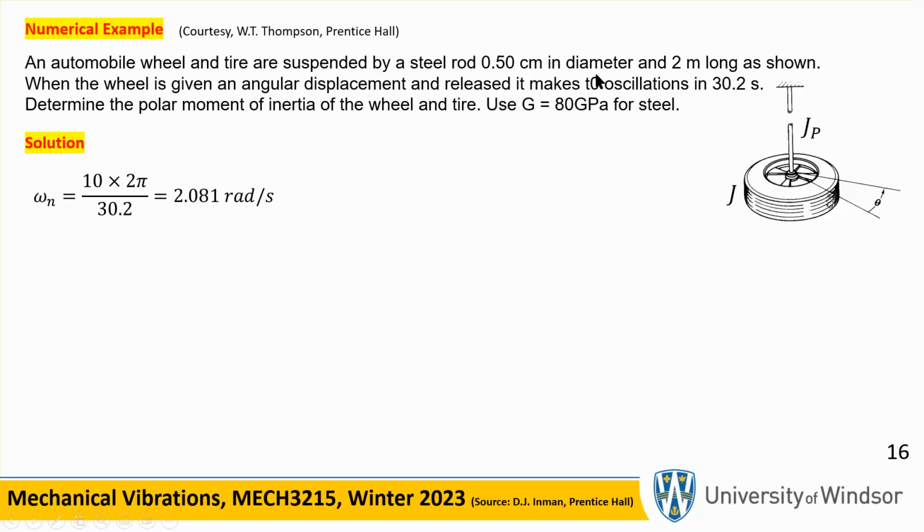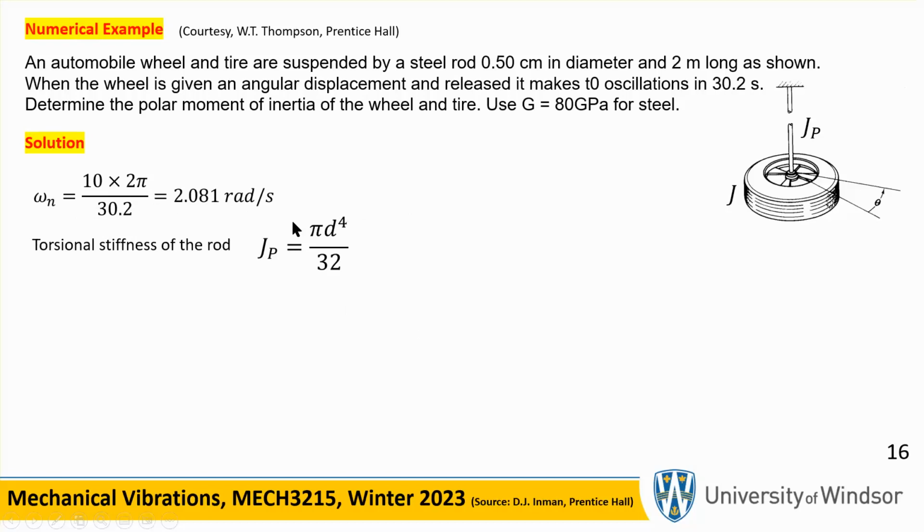This 10 and that time will tell you what the natural frequency is. 10 oscillations in that many seconds is 2 pi times 10 radians in that many seconds. That's the circular natural frequency.